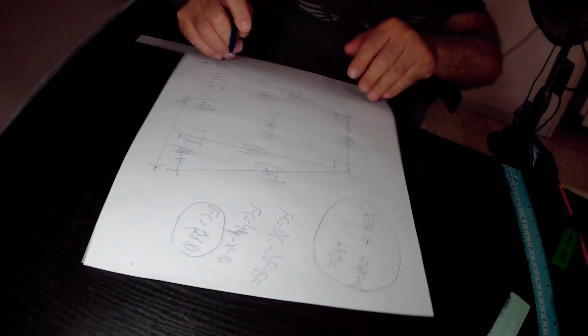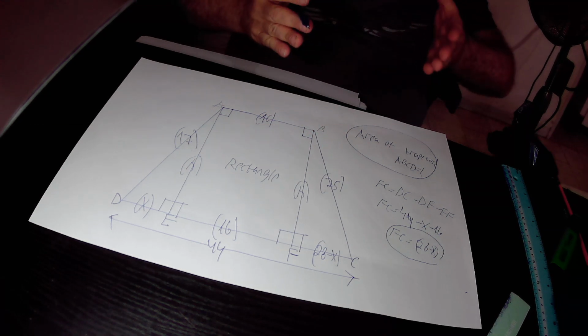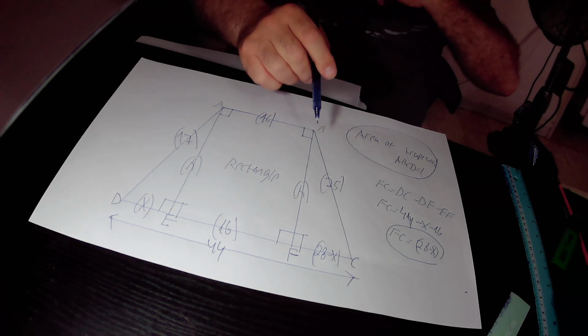So in the next step, I copy the right triangle BFC in a new page and we will implement the Pythagoras theorem in this right triangle BFC.